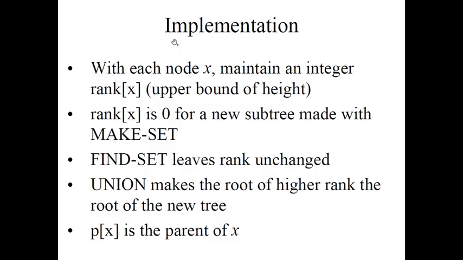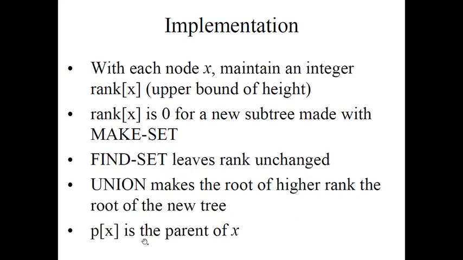And for implementation, for each node we will maintain an integer, that is the rank. The rank is 0 for a new subtree made with make set. Whenever we initially use make set, the rank will be 0. Find set leaves rank unchanged. The find set operation does not make any change in the rank because it simply returns the root pointer's identity.